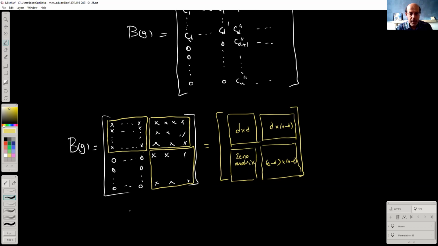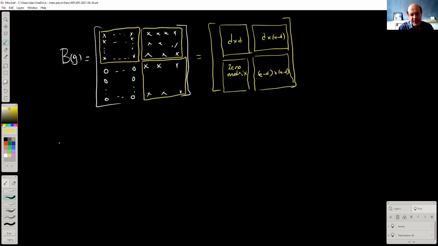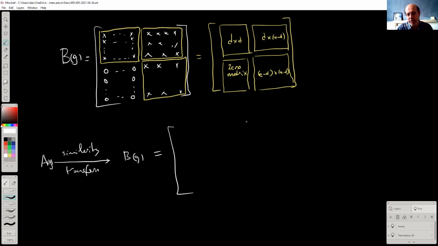And as a result, this is basically what I'm going to do. So this is a similarity transformation from A to B. So that's a similarity transform. B of g has these blocks in here. So I'm just going to use this notation in here.